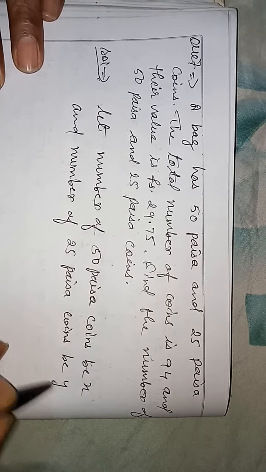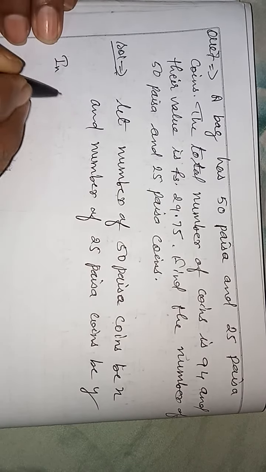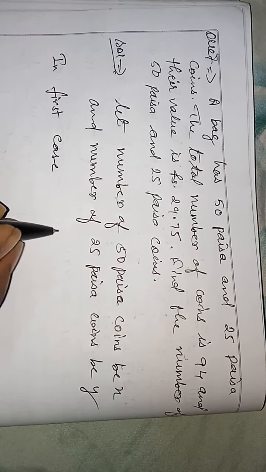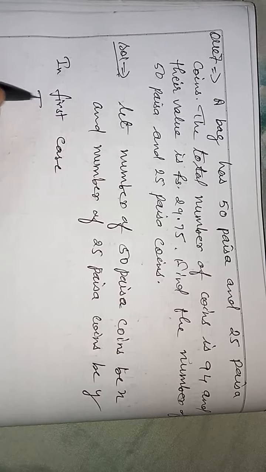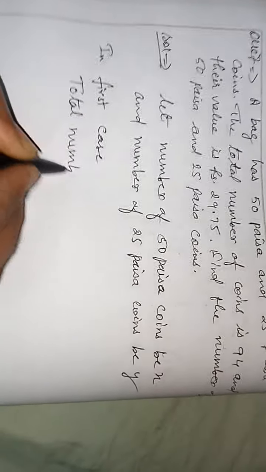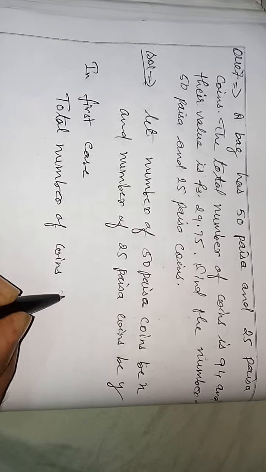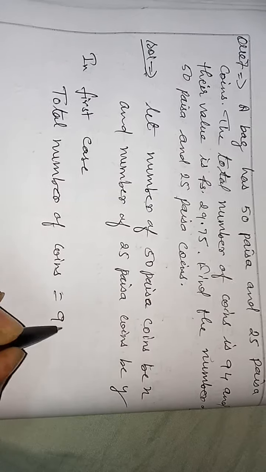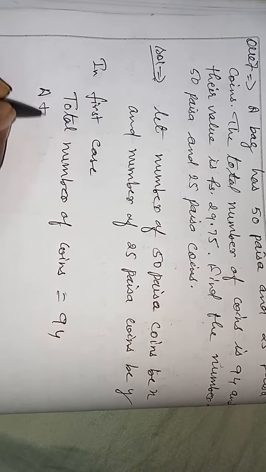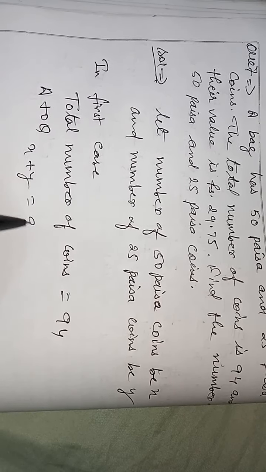In the first case, the total number of coins is equal to 94. So according to the question, x plus y is equal to 94.